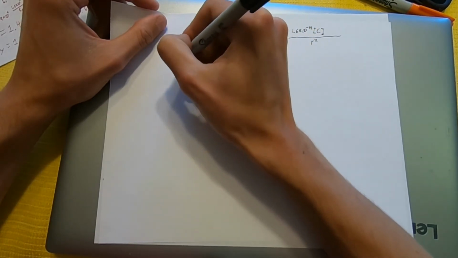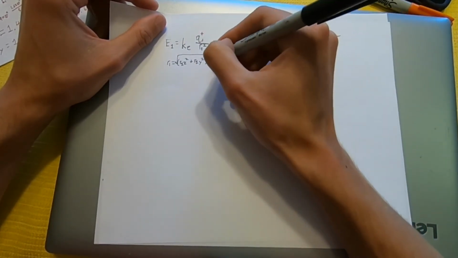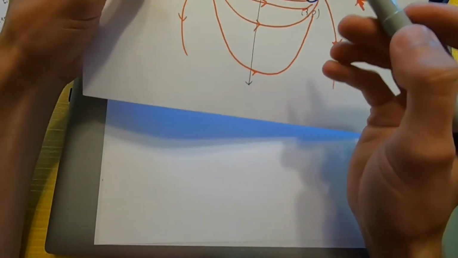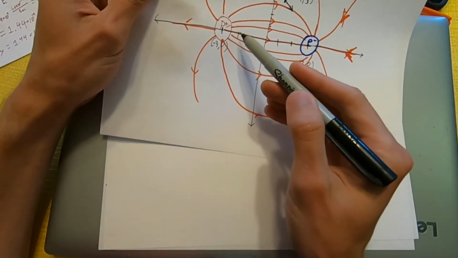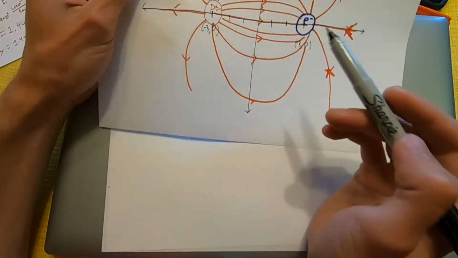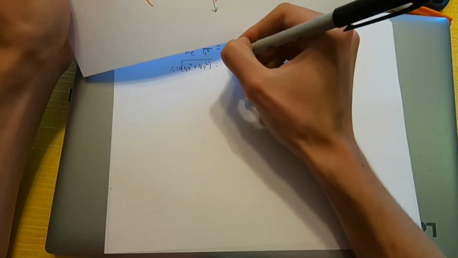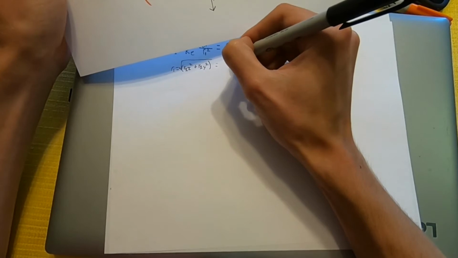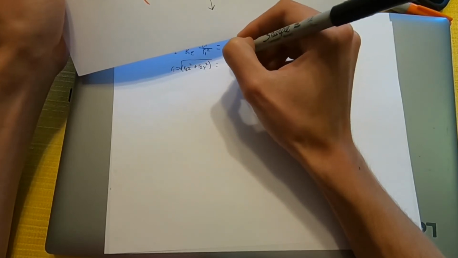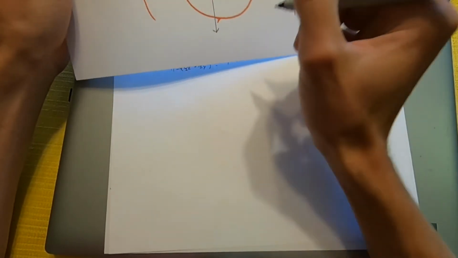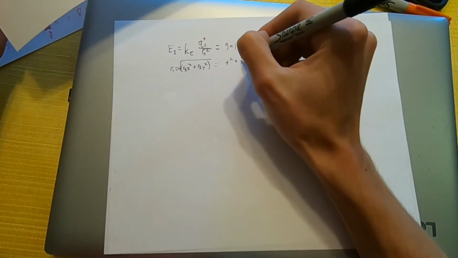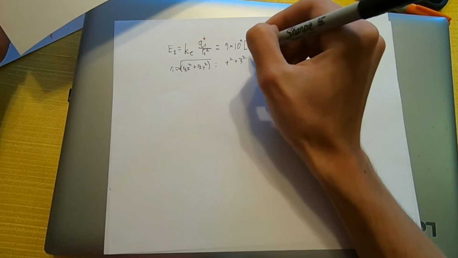We got 1, 2, 3, 4 for our x component, so 4 squared, and then 3 up for our y component, so 3 squared.